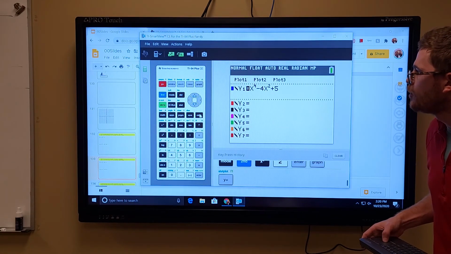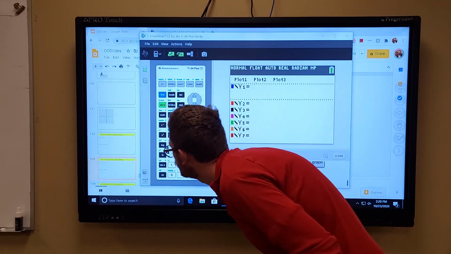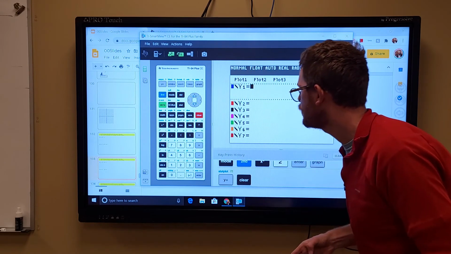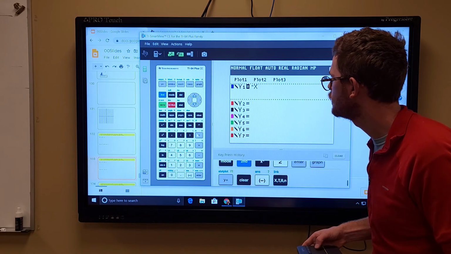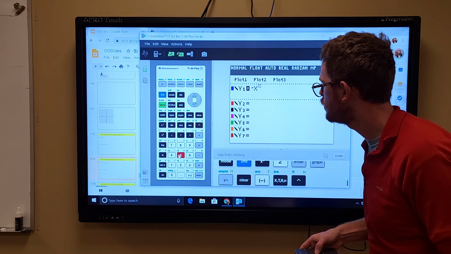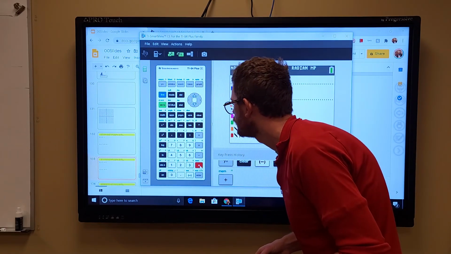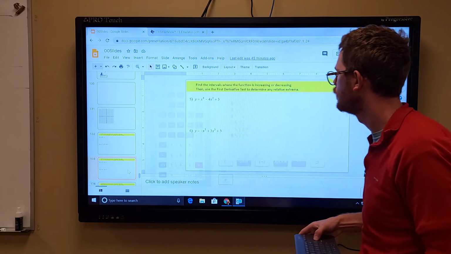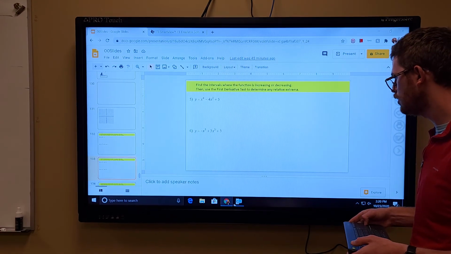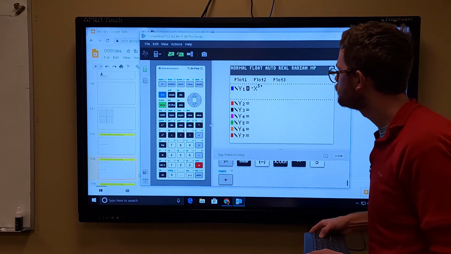Clearing out that previous one, we've got negative x to the 5th plus, was it plus or was it minus? Oh no, what was it? Plus 3x cubed.